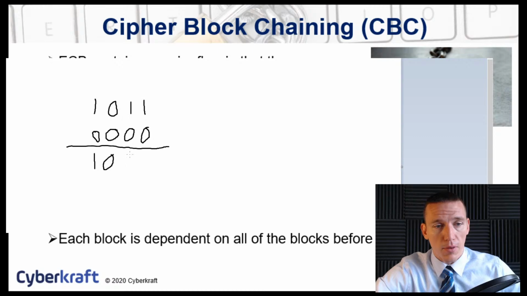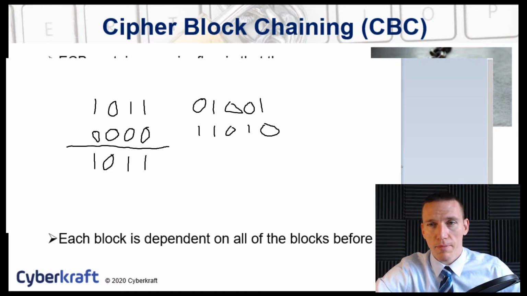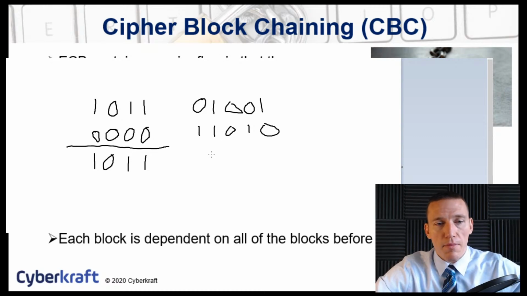Say we have another random string of bits, 1, 0, 0, 0, 1, and 1, 1, 0, 1, 0. If they're the same, it's a 0.